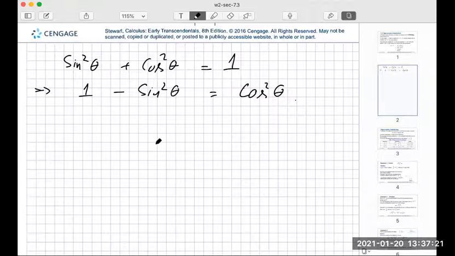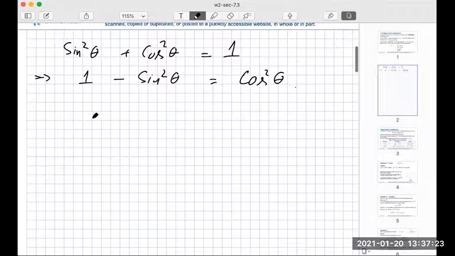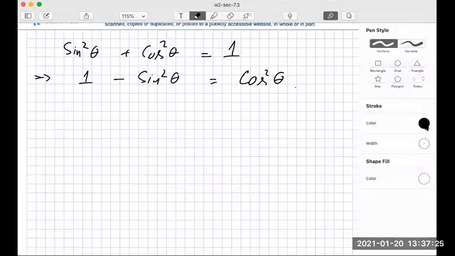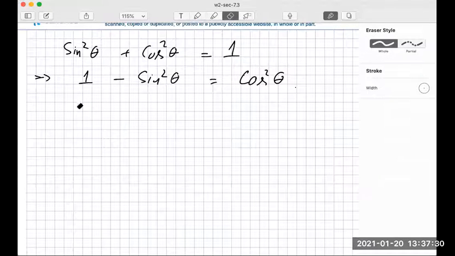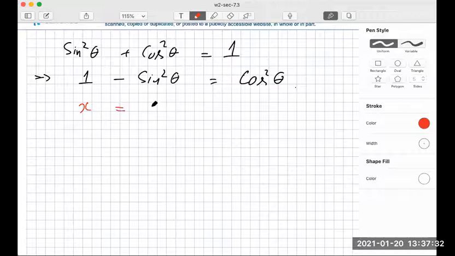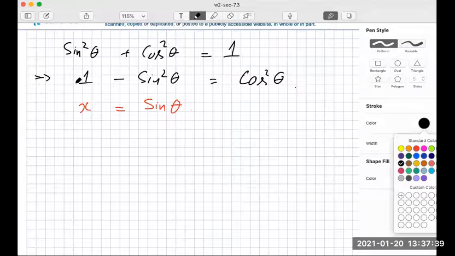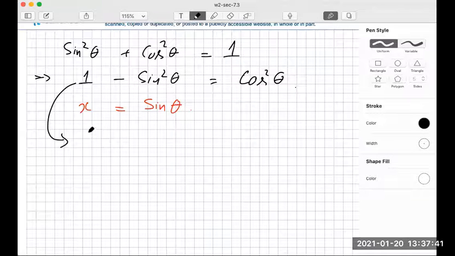Okay, thank you. So if we define the variable x to be sine theta, then this function becomes 1 minus what? x squared, right? Ignore the right-hand side.